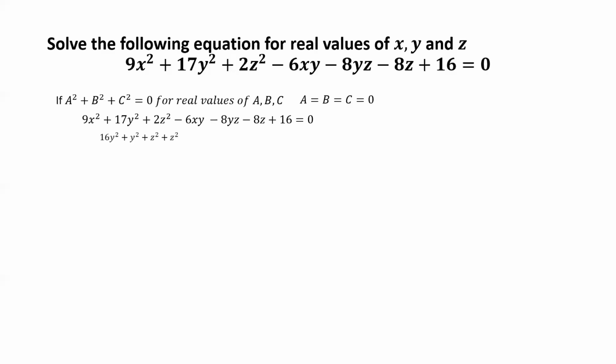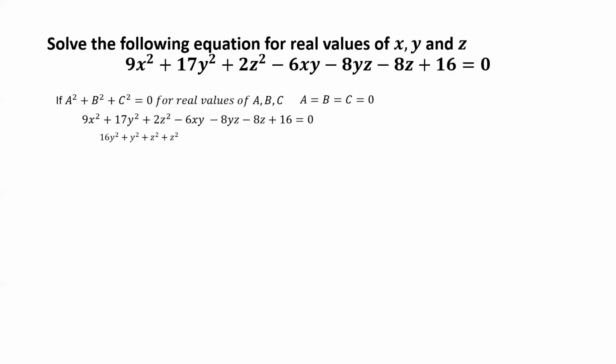For example, 17y squared can be broken down as 16y squared plus y squared, and 2z squared could be broken down as z squared plus z squared.